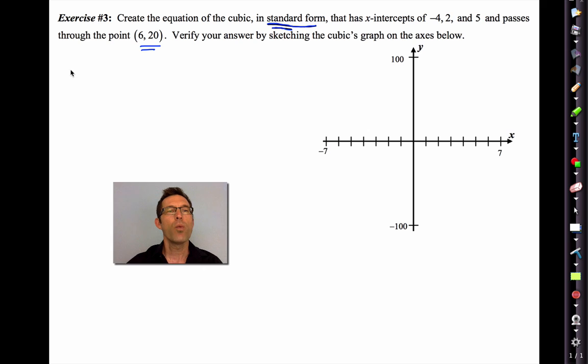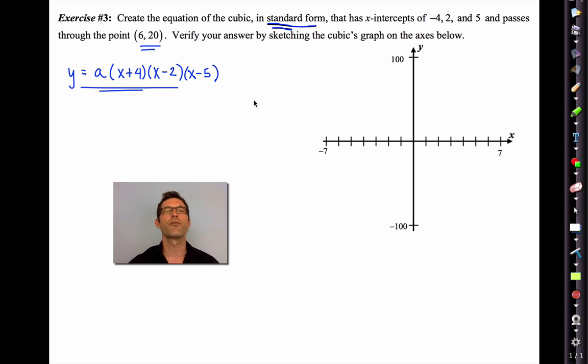All right, well, here's the thing. We don't know what that a value is, but because we have a zero of -4, we must have a factor of x plus 4. Because we have a zero of x equals 2, we must have a factor of x minus 2. And because we have a zero of x equals 5, we must have a factor of x minus 5.